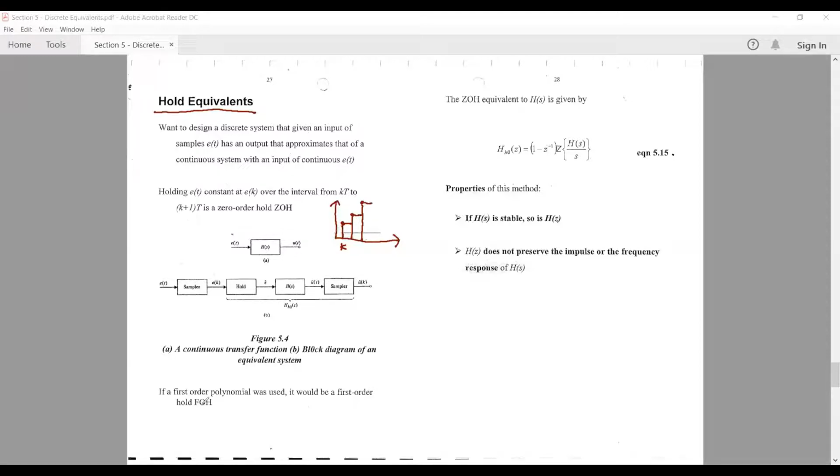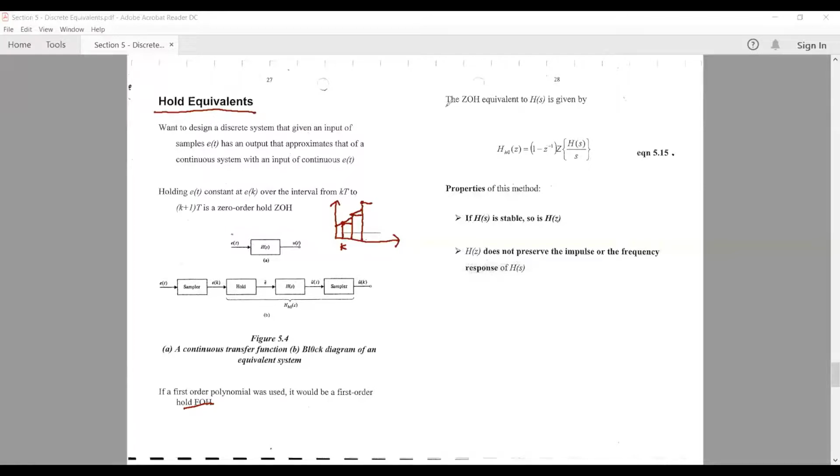If you have a first order hold instead, then it holds the value by using a linear equation. So instead of holding the value constant, it will use some kind of linear function like this between the samples.